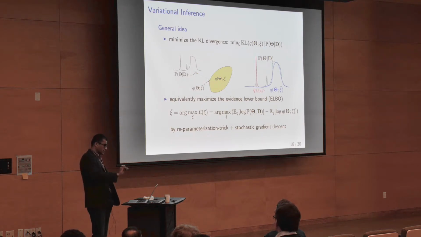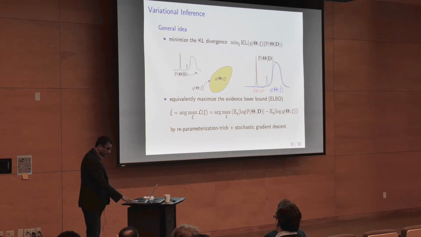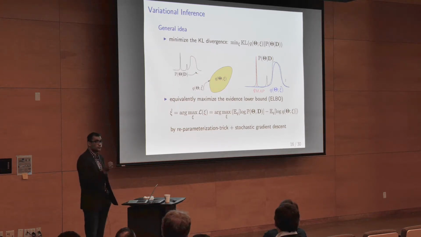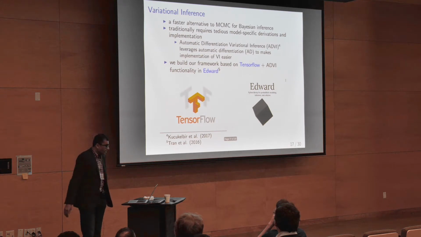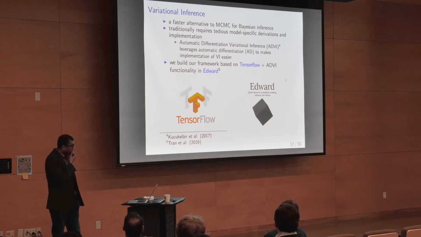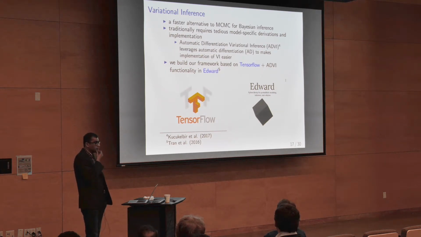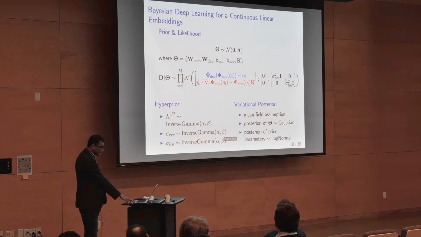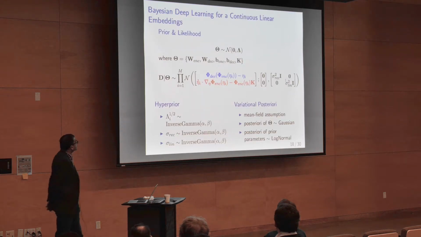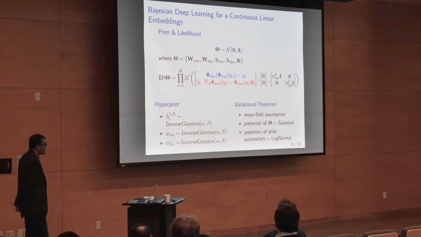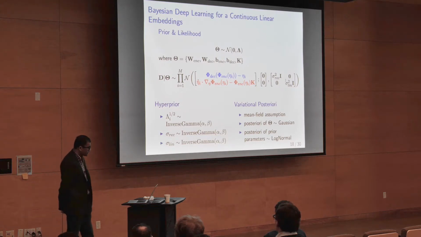And on top of this, we apply the mean field approximation. So effectively, we are looking for a best fit PDF for the true posterior. And the engine that's powering it is again standard tools, TensorFlow and Edward. And again, the last bit of detail on how we set up this Bayesian inversion.